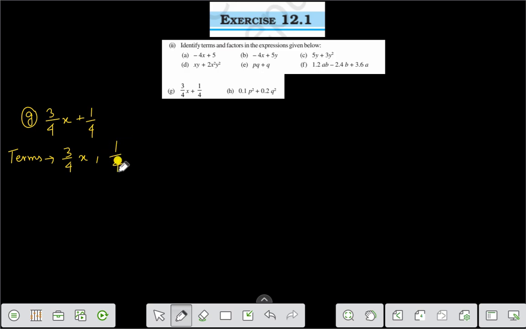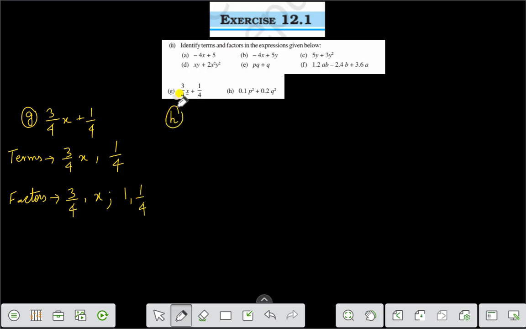These are the various terms. And the various factors are 3 by 4 and x, and for the other term, 1 and 1 by 4.